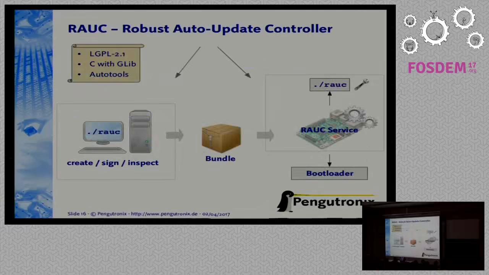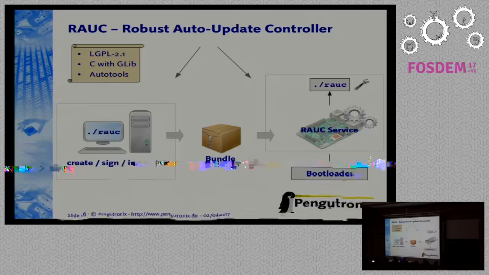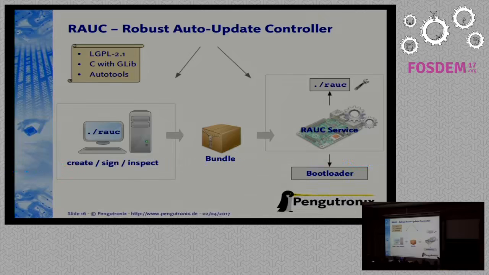So a short overview: it's licensed under the LGPL 2.1, so it should be easy to use in your application or in your product. It's C code based on glib and packaged with autotools, so it should easily build. And RAUC you can compile as a host tool. Then it is used to create, to sign, to re-sign, and to inspect updates for your device.